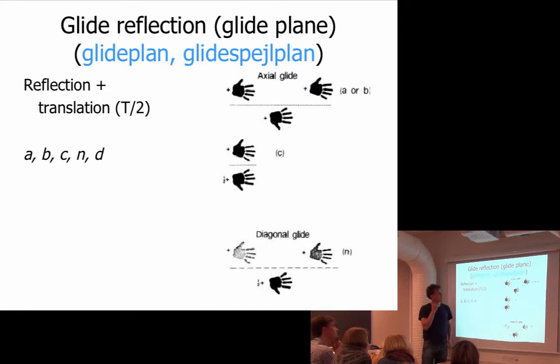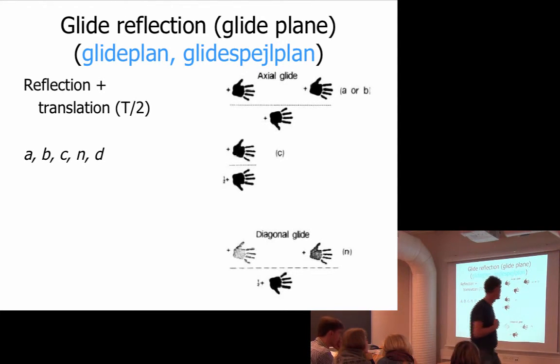Then there is an element called a glide reflection, in Danish glideplan. And it involves a reflection and a translation component. So you can see how it goes here. It's gliding along in the plane here, and then you have also a mirroring of that, right?